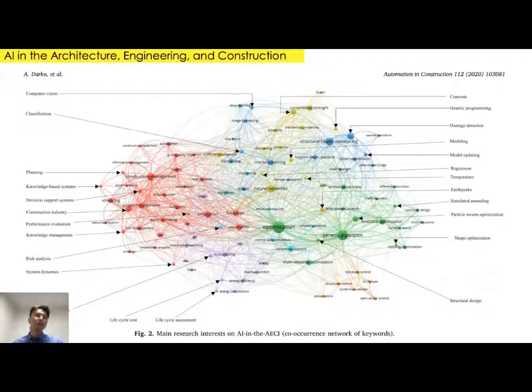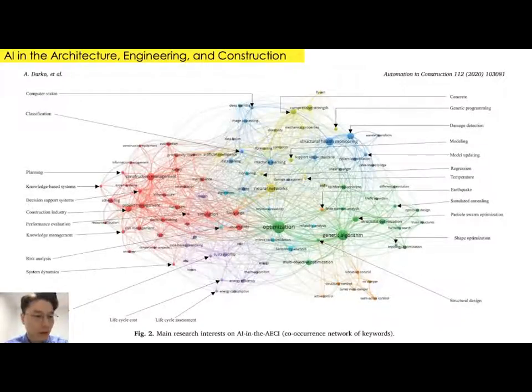So where exactly is AI being used in the architecture, engineering, and construction domain? If you take a look at this big network cloud, you can easily notice the types of AI techniques and which sectors in the building domain they have been applied to.